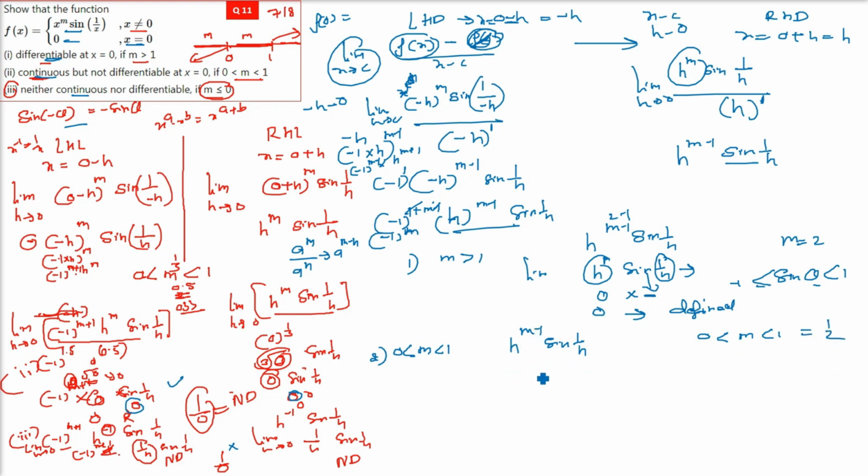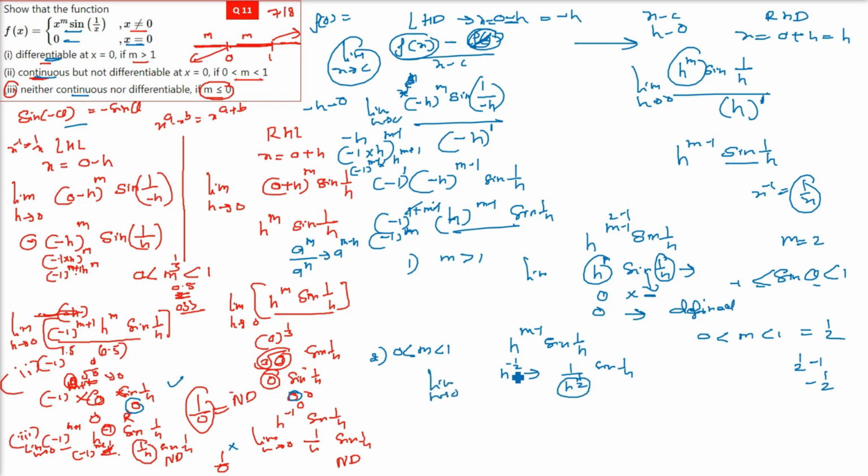When you put h raised to the power m, m is half. Half minus 1 is minus half. h to the power minus half is what? It is under root, but in the denominator. x to the power minus 1 is 1 by x. So h raised to the power minus half is 1 by h to the power half. This is 1 by h to the power half sine 1 by h. So when you apply the limit, h is going to be 0.